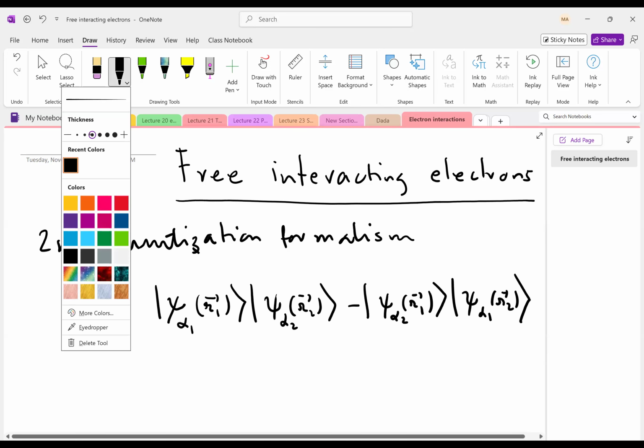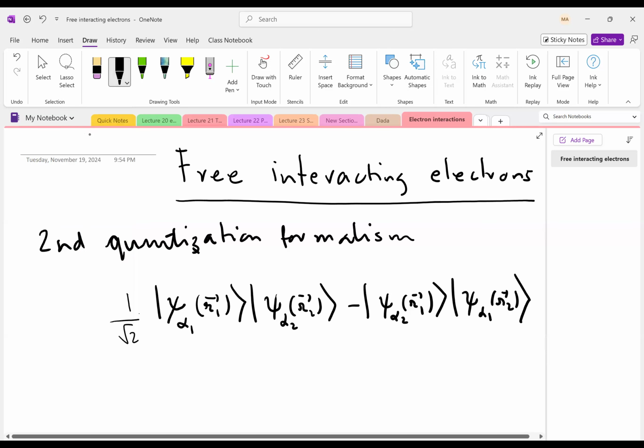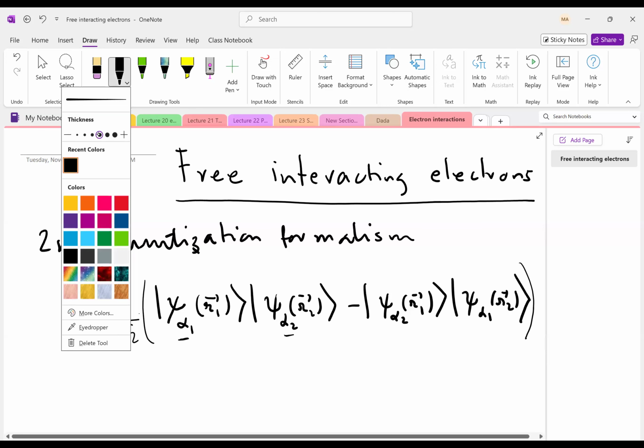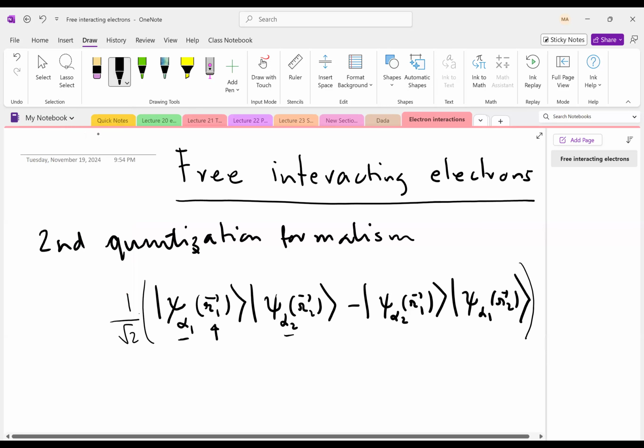I also need to normalize. This is my two-particle wave function. Alpha 1 and alpha 2 are the quantum states for the two particles. The first particle is at location R1 and the second particle is at location R2 in the first term of the superposition, and vice versa in the second term.